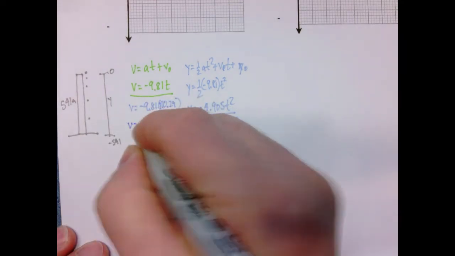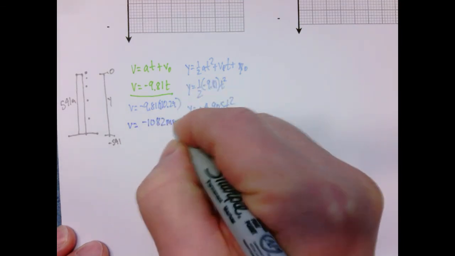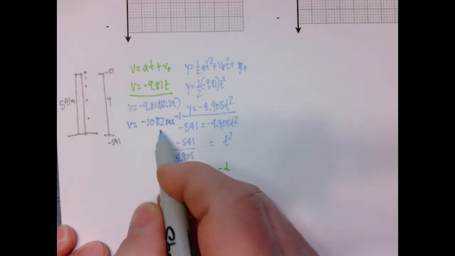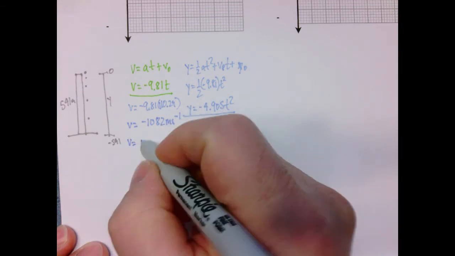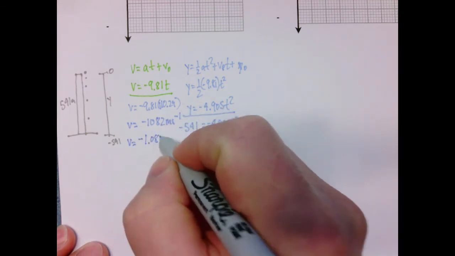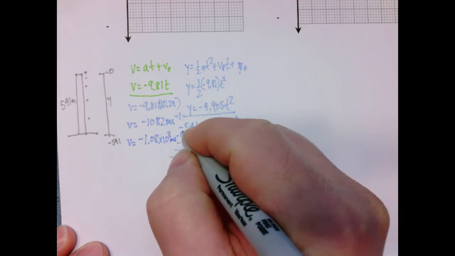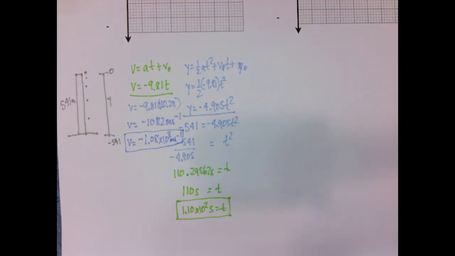So we get a velocity of negative 1,082 meters per second, which we can use 3 significant digits, so it's 1.08. So we want to go to scientific notation right away. It's going to be negative 1.08 times 10 to the 3rd meters per second. Boxed answer. So that's how we would solve this by hand.